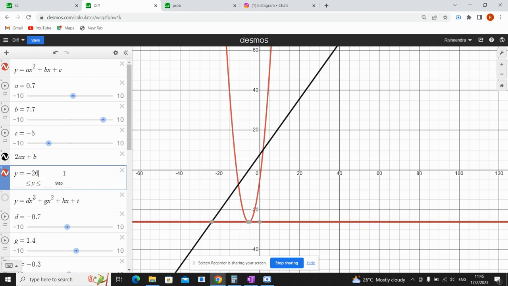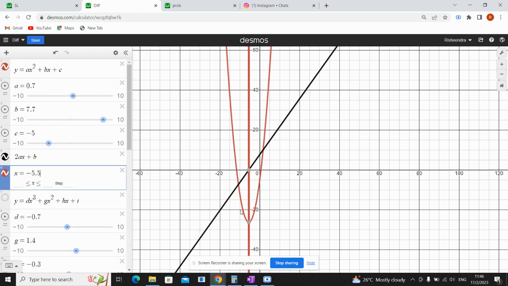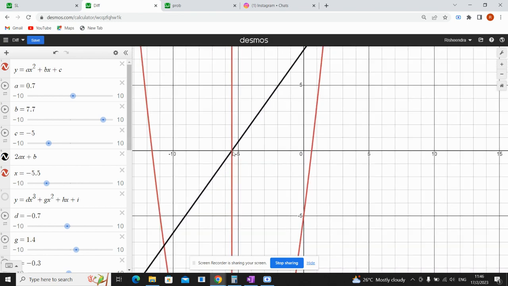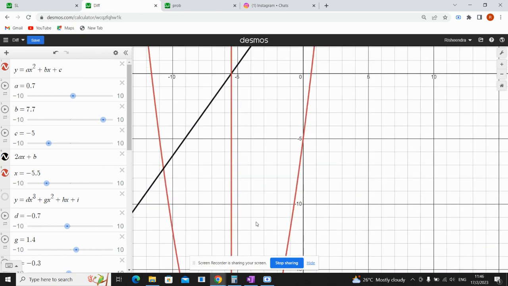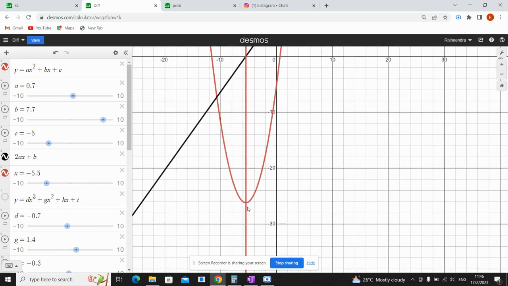See, x is equal to minus 5.5. You look at here, right? At x equals minus 5.5, the slope is 0, and the graph has a maximum or maybe minimum. Right now it is the minimum value for the graph.